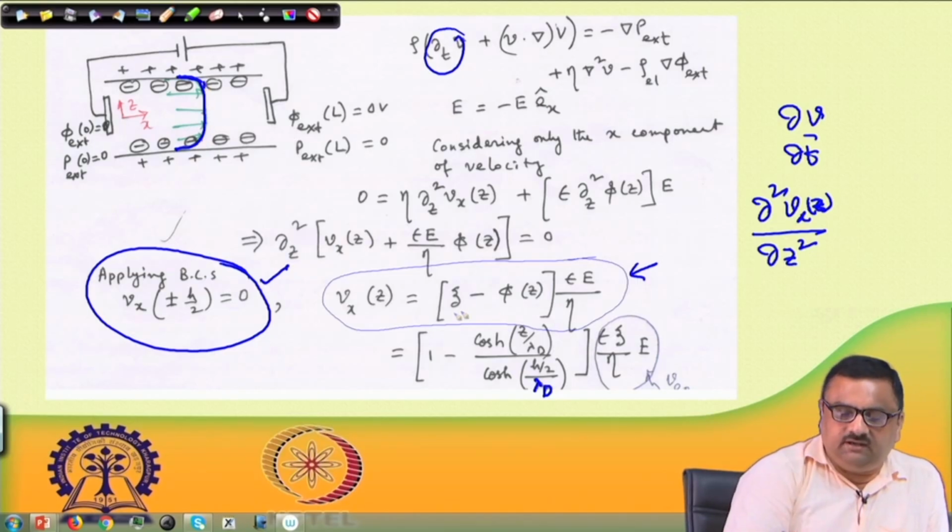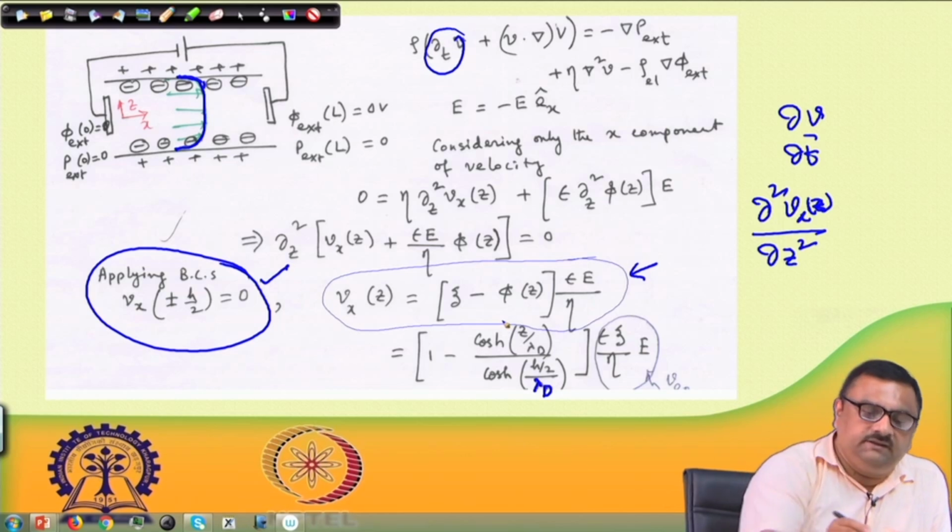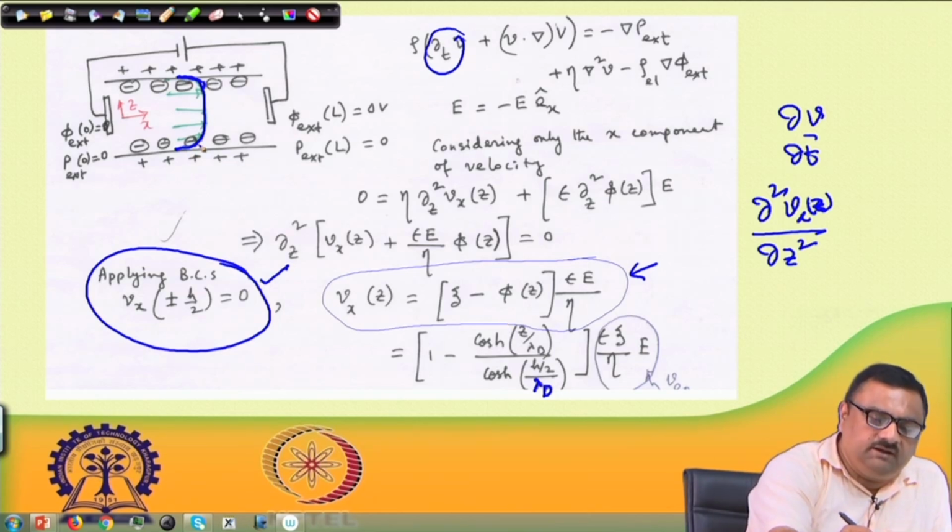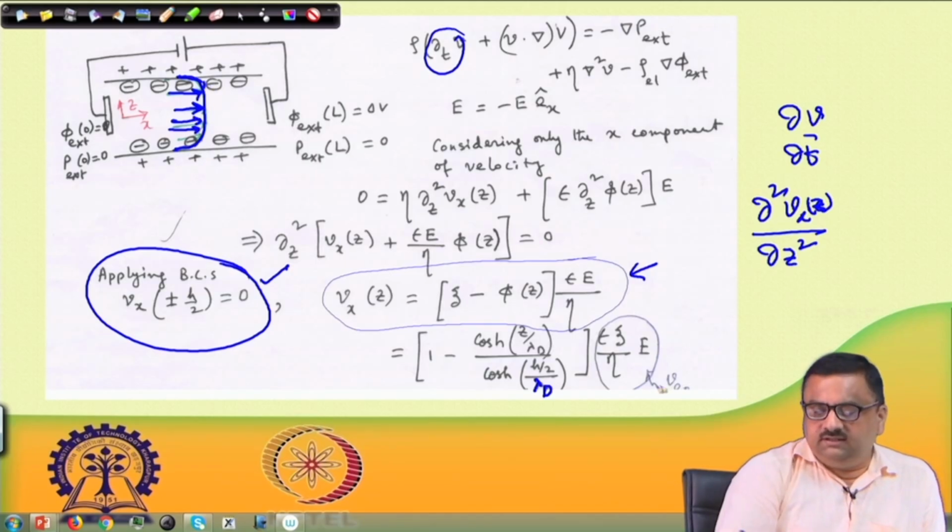This is the trend of this 1 minus cosh term. Near the wall, within a very short distance, it turns to 0. And what is the velocity in most of this entire cross section? That velocity is basically epsilon zeta divided by eta into E.